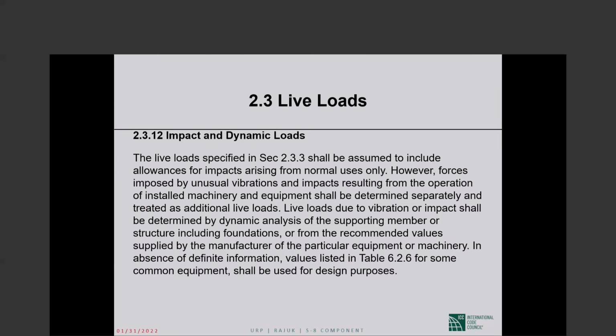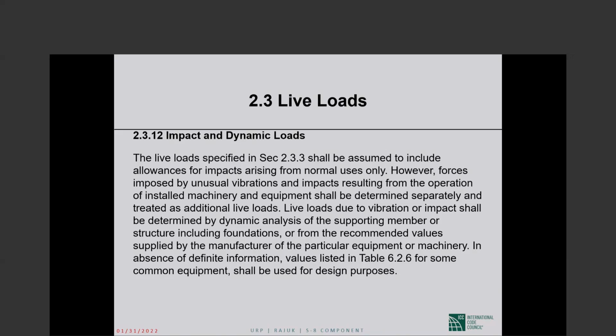The live load specified shall be assumed to include allowances for impacts arising from normal uses only. So the live loads that we use that are in the table include allowances for impacts arising from normal uses only.